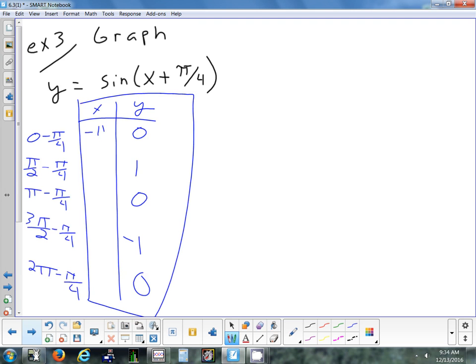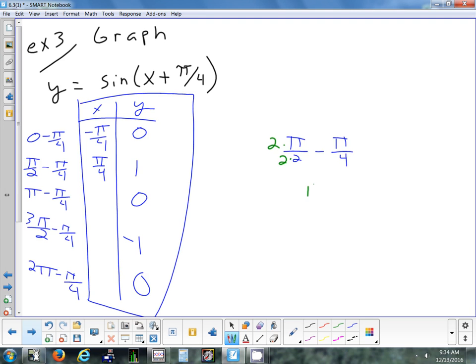All right, so the first one, 0 minus pi over 4 is negative pi over 4. How about common denominator between 2 and 4? 4. So double the bottom, double the top. What's 2 pi over 4? Take away 1 pi over 4. Pi over 4.